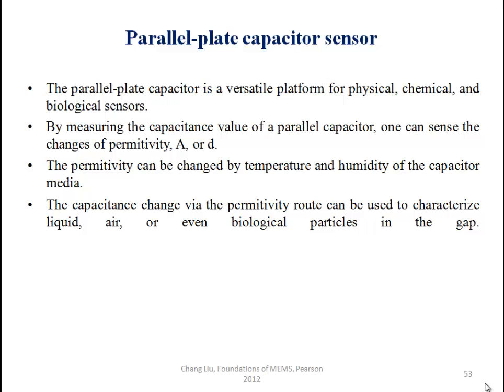Thus, we can say that the capacitance change via permittivity can be used to characterize the media, that is used to characterize the liquid, air or even the biological particles in the gap.